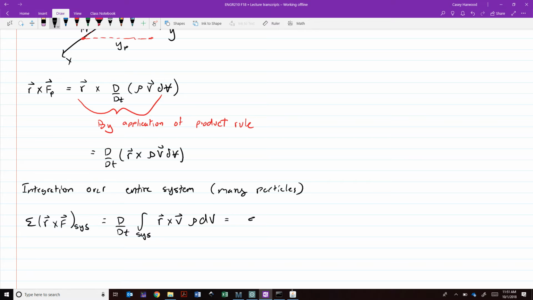We'll go ahead and call this T, the torque on the system.